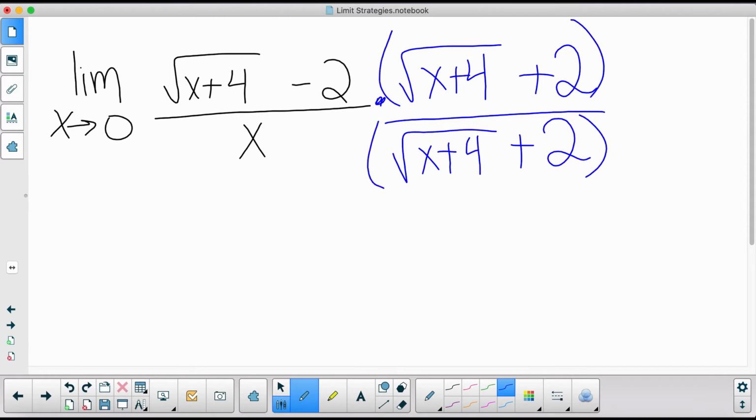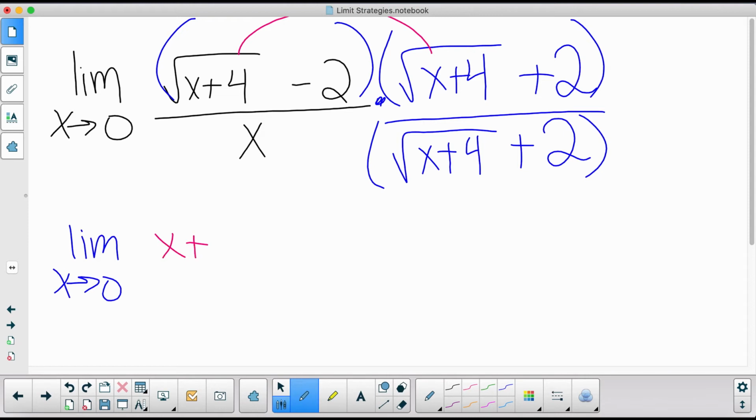I'm going to put all of these in parentheses, because then our next step is to factor that numerator out, the limit as x goes to 0. So you are going to have the square root of x plus 4 times the square root of x plus 4, which leaves us with x plus 4.